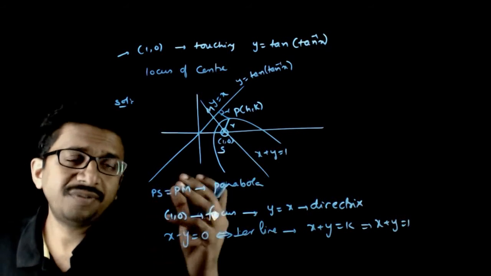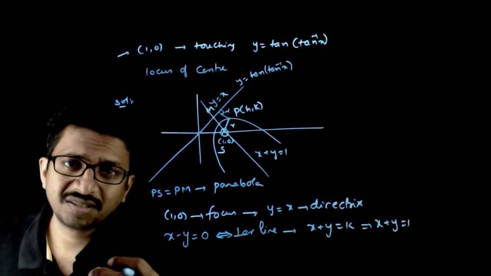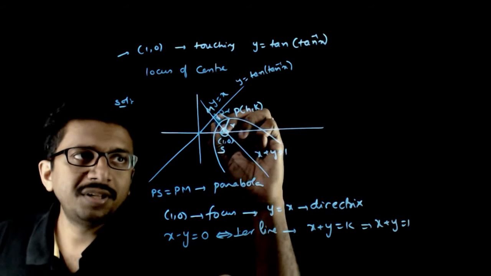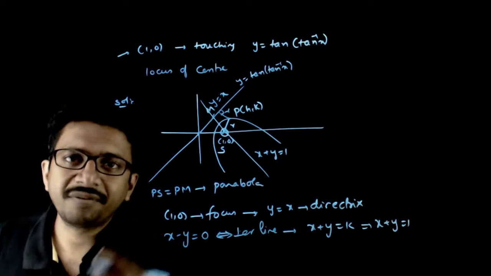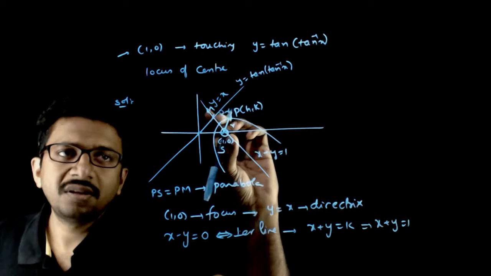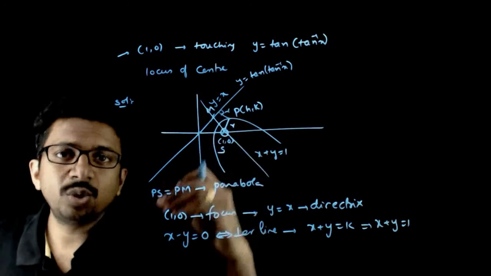And if you are asked to find the latus rectum of this, how do you find it? The distance from the focus to the directrix is half of the latus rectum. The latus rectum is 4a and the distance of the focus to the directrix is 2a.